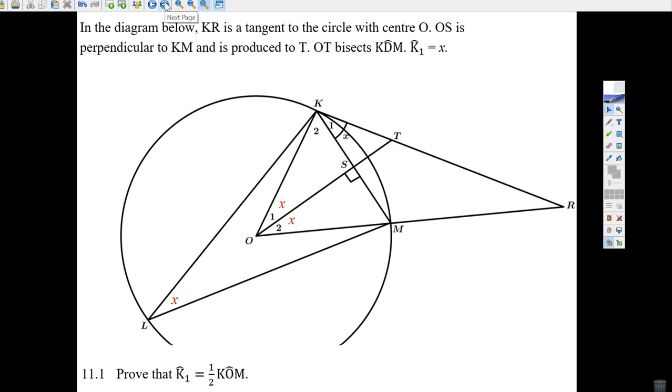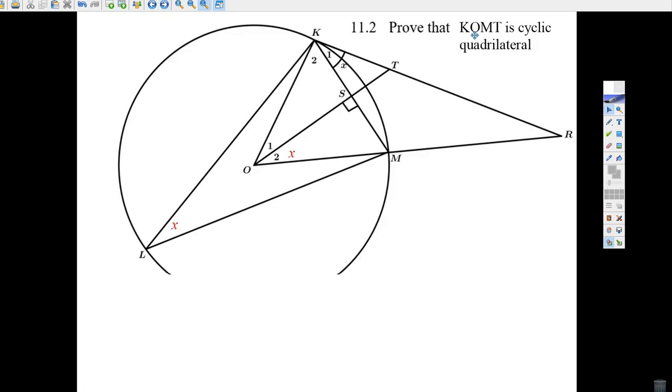Let's take a look at the next question. Prove that KOMT is a cyclic quadrilateral. Now we could put a circle around these 4 points. And why could we do that? Because look, O2 and K1 are equal, and they open up to the same segment, TM.